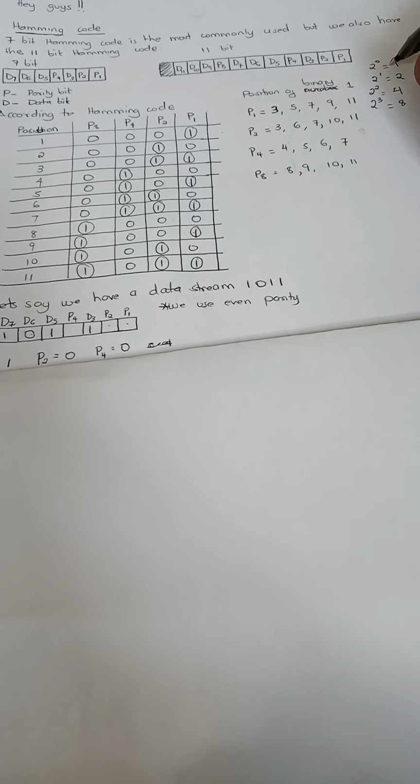So we have 2 raised to power 0, which gives 1, 2 raised to power 1, which gives you 2, and then 2 raised to power 2, which gives you 4, and 2 raised to power 3, which gives you 8. So these 1, 2, 4, and 8 are what you see as parity 1, parity 2, parity 4, and parity 8.